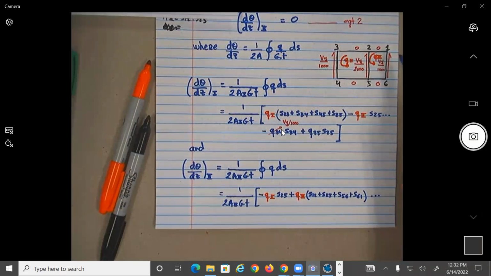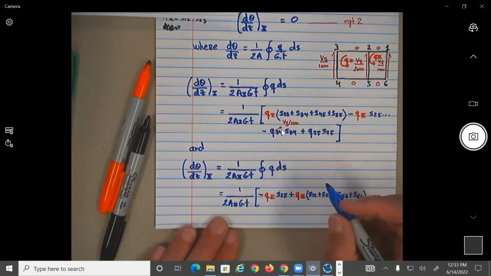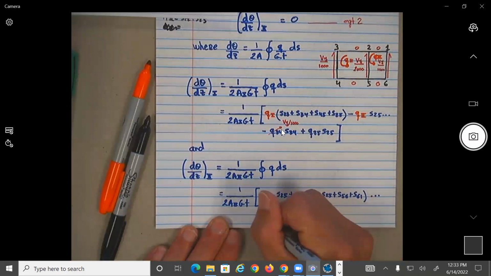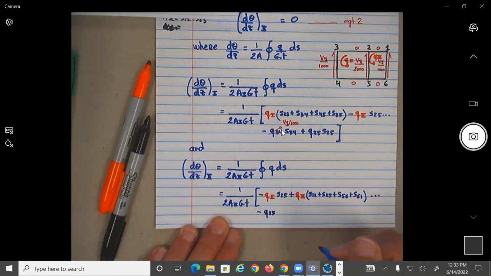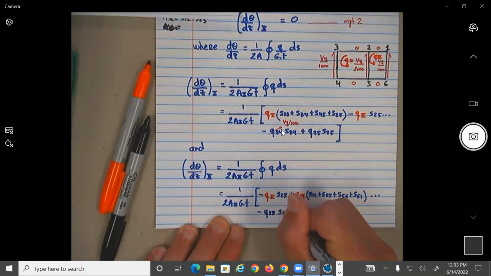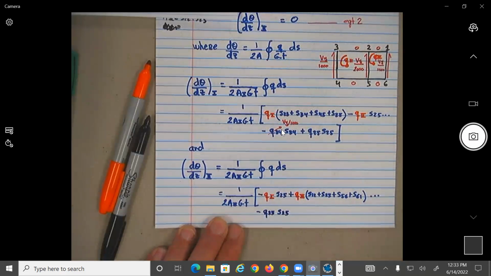All right, so let's start with 1, 2. Is Q12 going to create any twist? It is 0, no? So it's not doing anything. What about Q25? Is it going clockwise or counterclockwise? It's going to create a clockwise twist, so that's negative. So we'll have here minus Q25 times S25.